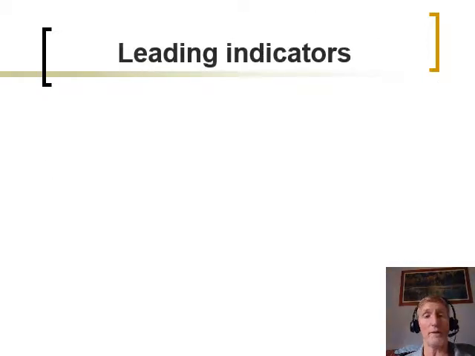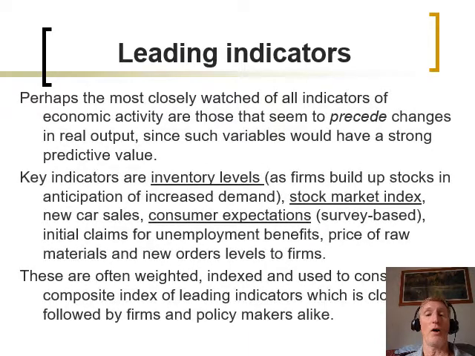But what would anticipate such economic activity changes are inventory levels: if firms are starting to build up inventories, then they know a slowdown is on its way, and vice versa. And of course, surveys for both consumers and producers on what their expectations are. What are they sensing out there on the street, as it were?